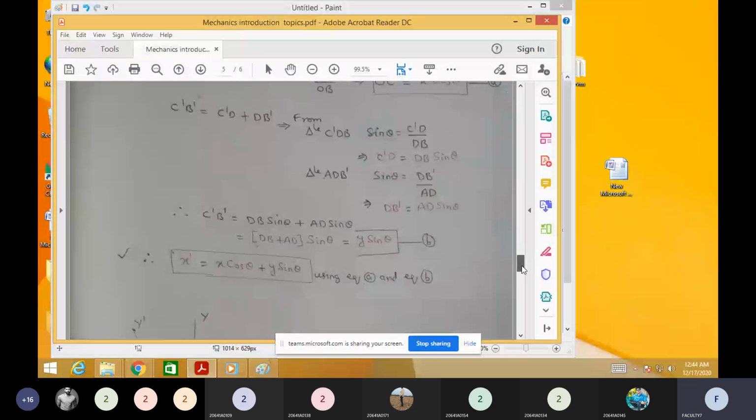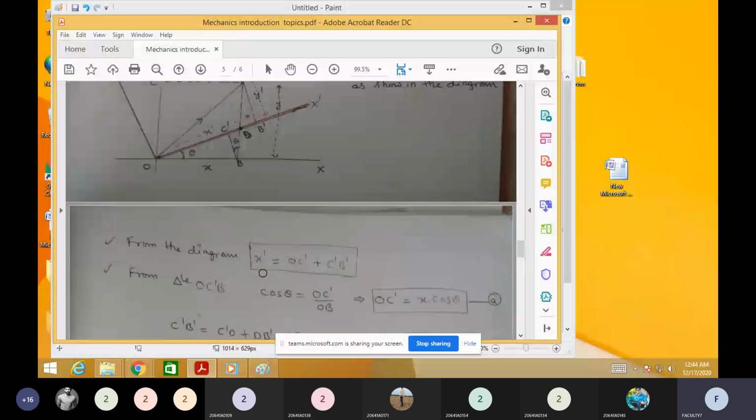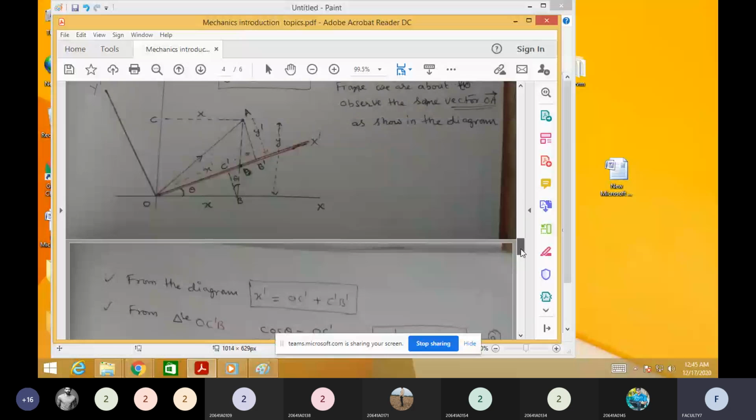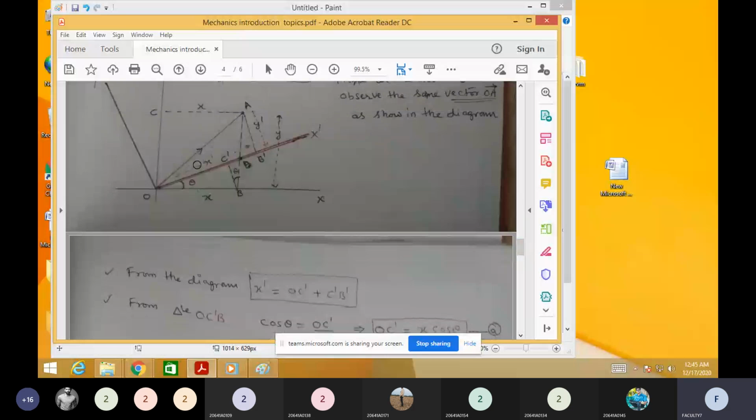This is regarding the x component. Whatever you are seeing is about the x component. This particular diagram is for calculating the x dash component. So what is x dash here? x dash is the distance between point O and point B. It is a projection of A. This particular A is only a point here, but actually you refer to the vector.